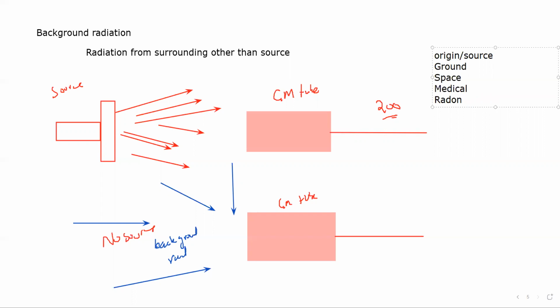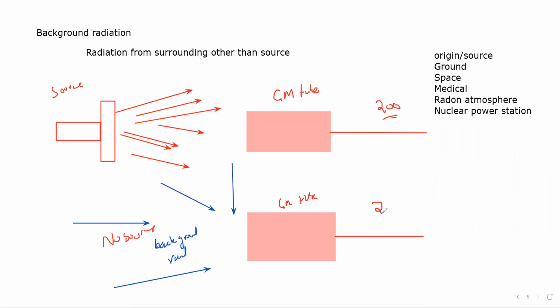Radon gas present in the atmosphere can also be detected. Maybe a nearby nuclear power station. So in reality, the detector will not record only the actual source.